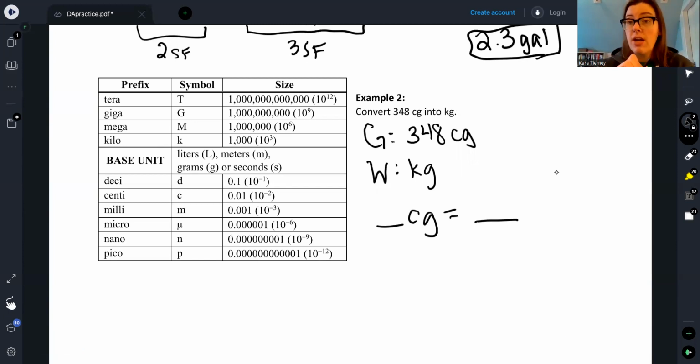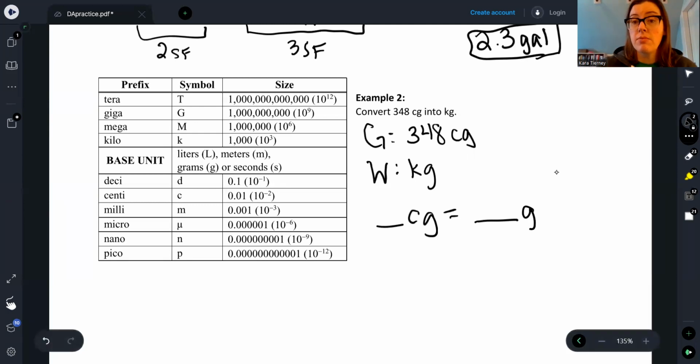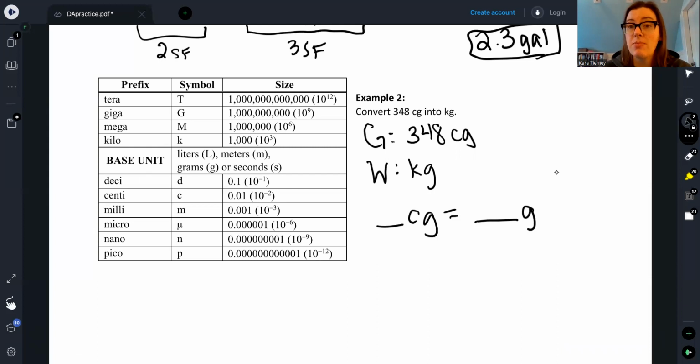The only thing centigram can relate to is grams. When I'm using this prefix chart, one of the units has to be a base unit. So I can go from centigrams to grams, and that's the only thing I can go to from centigrams.